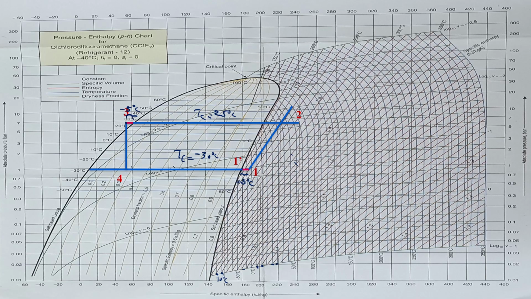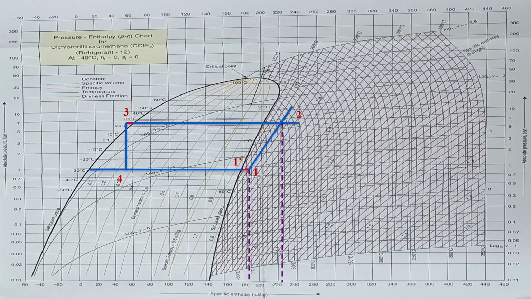In our next step, we'll take the enthalpies from these points by dropping a perpendicular towards the x-axis for finding the enthalpies at all the points 1, 2, 3 and 4. First, dropping from 1, we get the value of enthalpy at 1 to be nearly 190 kilojoules per kilogram.